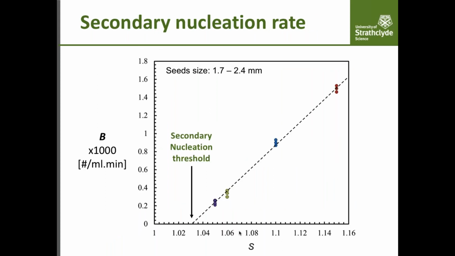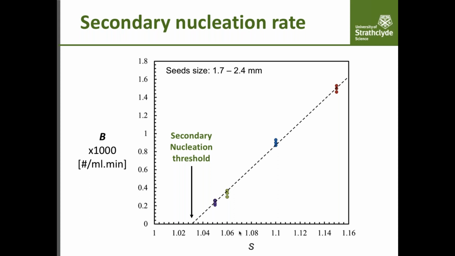So we can do secondary nucleation rate measurements at different supersaturations, and what we found is that the secondary nucleation rate increases with the supersaturation ratio. So the larger the supersaturation ratio, the more fragments are created.